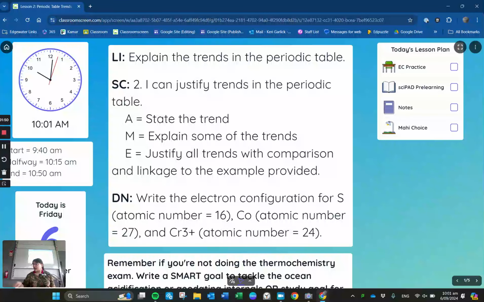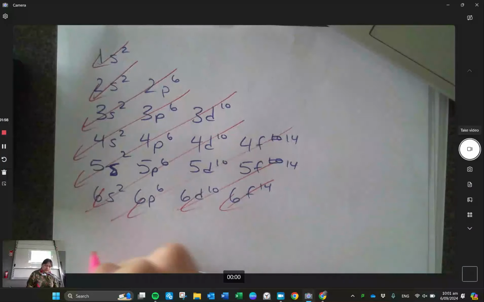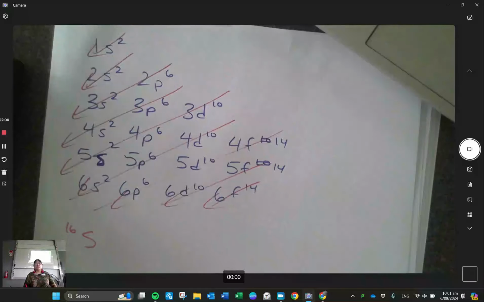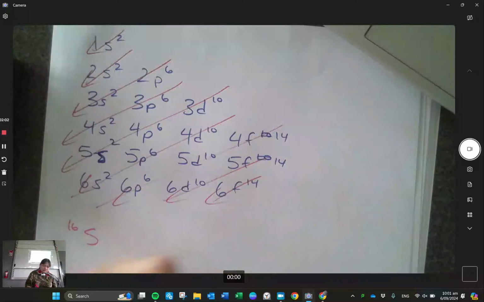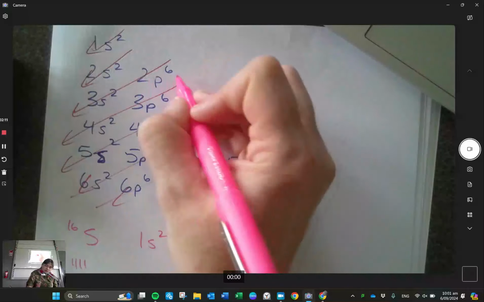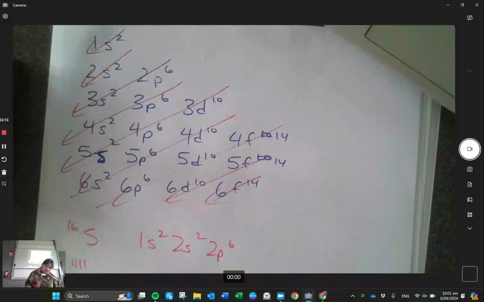So the first one we had to do work on was sulfur, which is 16. So sulfur has the atomic number of 16. So I'm doing this to 16. So that's 2. If you want, you can do a little tally on the bottom just to keep track of the number. So we're doing 1s2, next one 2s2, that's another 2. Then that one 2p6, 1, 2, 3, 4, 5, 6.